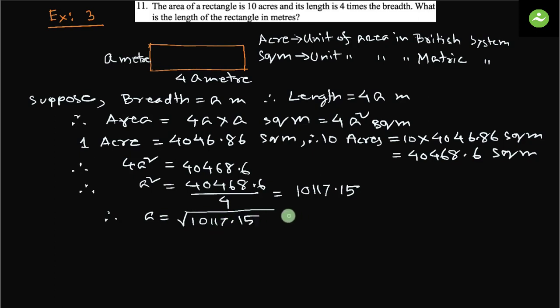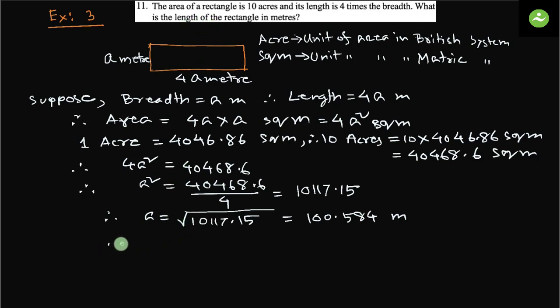If we take the root, the result will be 100.584 meters. And what is a? a is actually the breadth. We need to find the length. That is what the question is asking.